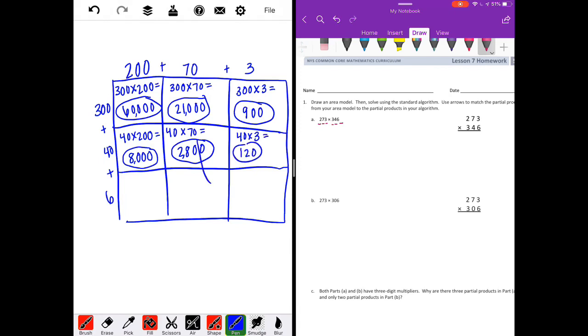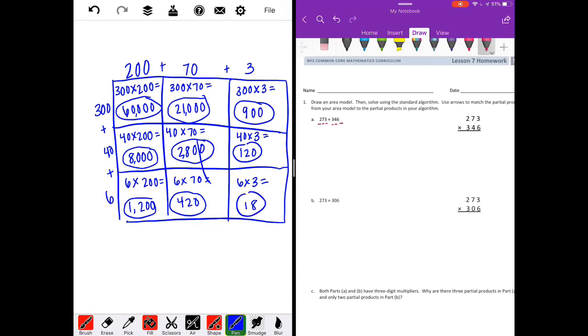And our last row, we have 6 times 200 equals 1,200. 6 times 70 equals 420. And 6 times 3 equals 18. So now we need to add all of these up.